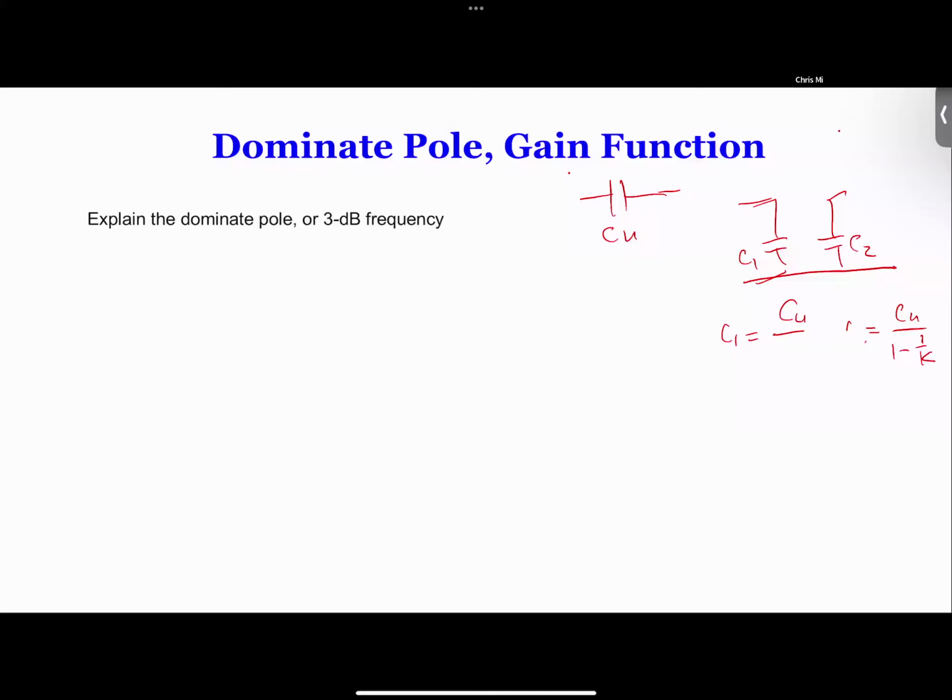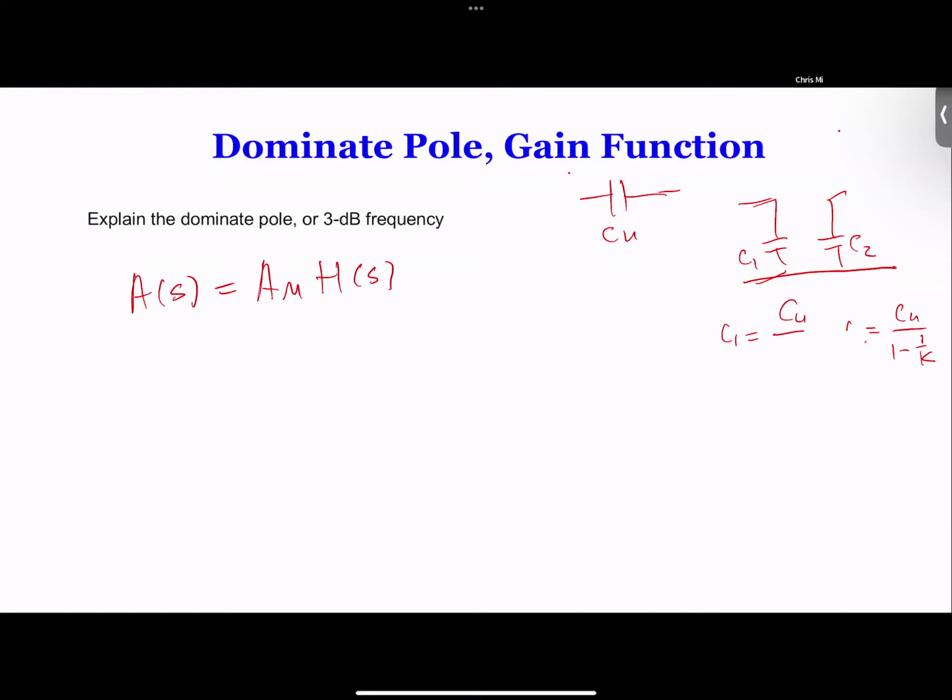What they're saying is that for any frequency response, we can write it as A_M times H(S).